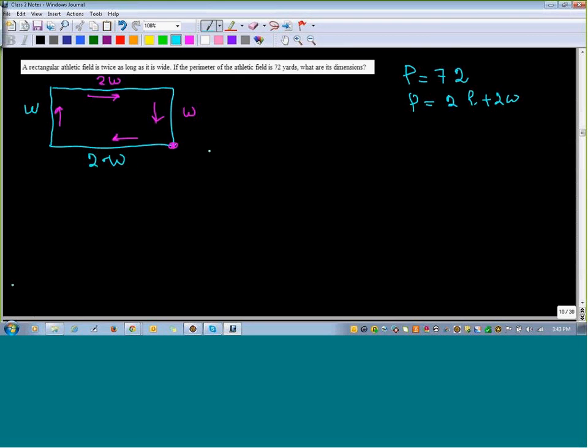So now take this 12 and put it right there. Width is 12, and length is twice that, so this is 12, 24, right?